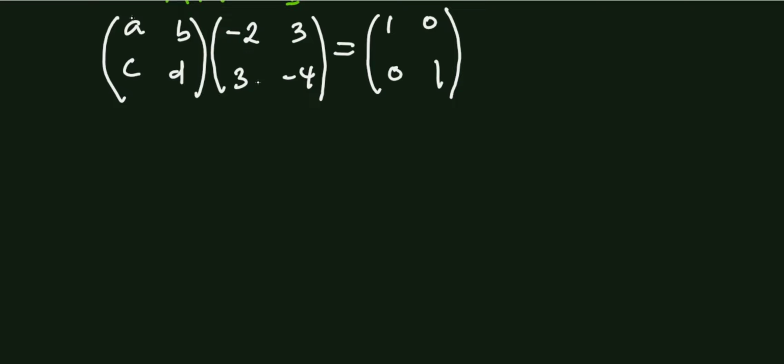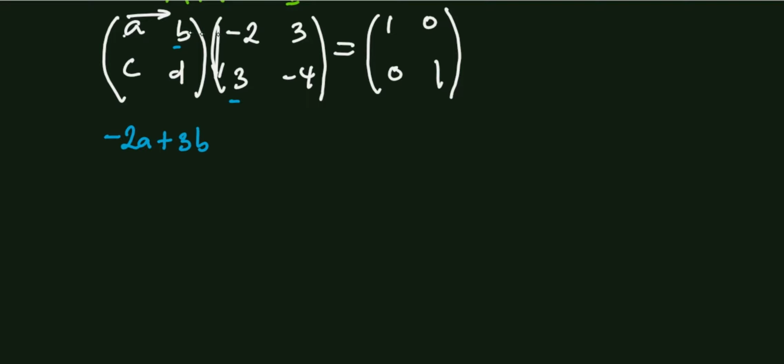You know that rows multiply columns in the multiplication of matrices. So a will multiply minus 2, the first row and first column, giving minus 2a. The b will multiply 3 for the first row and first column.